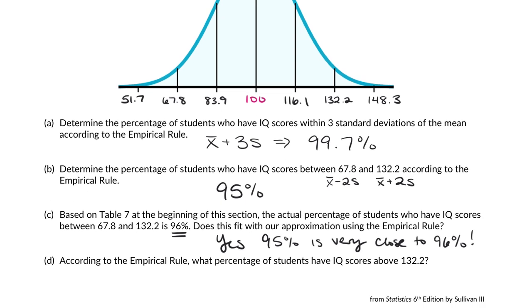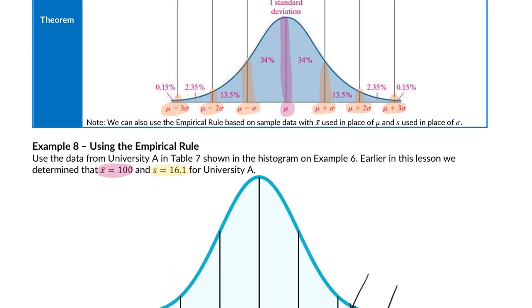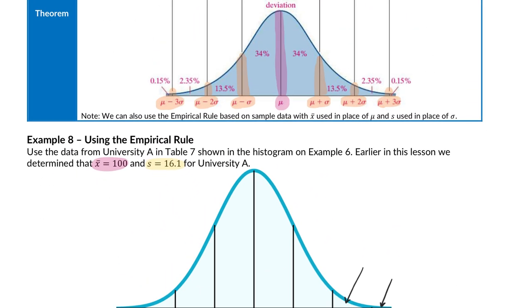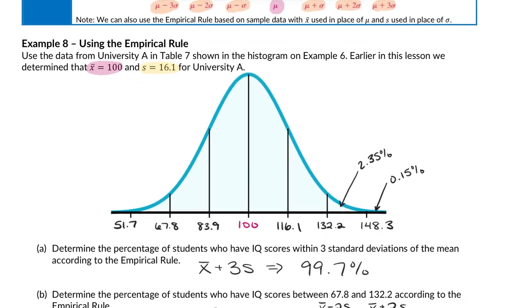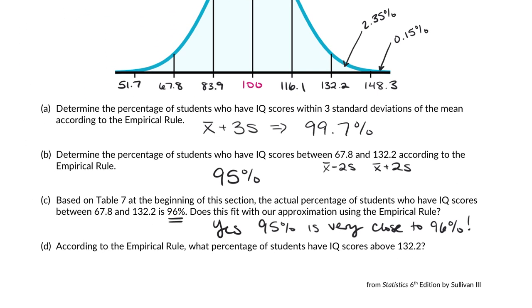Now, according to the empirical rule, what percentage of students will have IQ scores above 132.2, which means we're looking at the number of IQ scores in this little bit and this little bit. Now, we have those percentages here on the theorem section. So if we write down those numbers, that this is 2.35% and this is 0.15%, all we have to do is add those two numbers together to get the percentage that would be above 132.2.